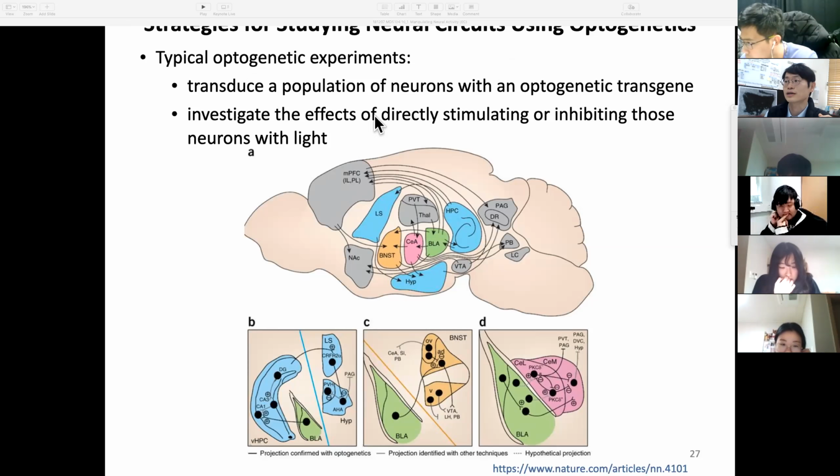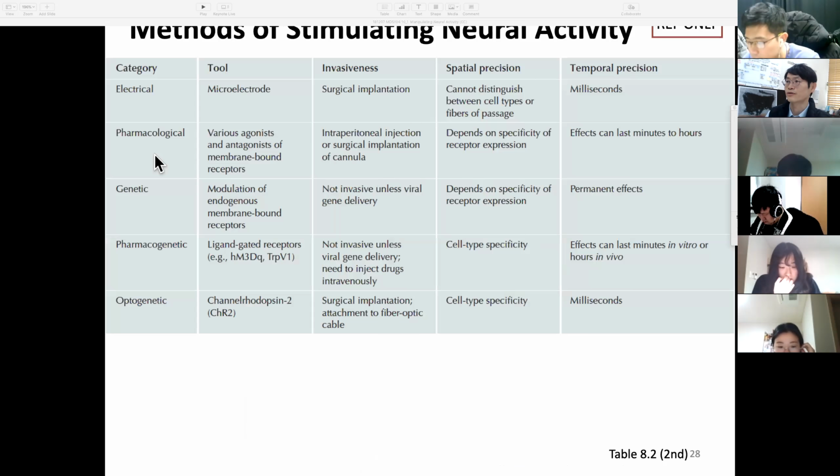And then you investigate the effect of directly stimulating or inhibiting the neurons with light. If it's deep inside, you will probably need an optical fiber implant. There are review papers on projections confirmed with optogenetics. Many neural circuits are now being discovered for their connections. Okay, that's very, very cool.